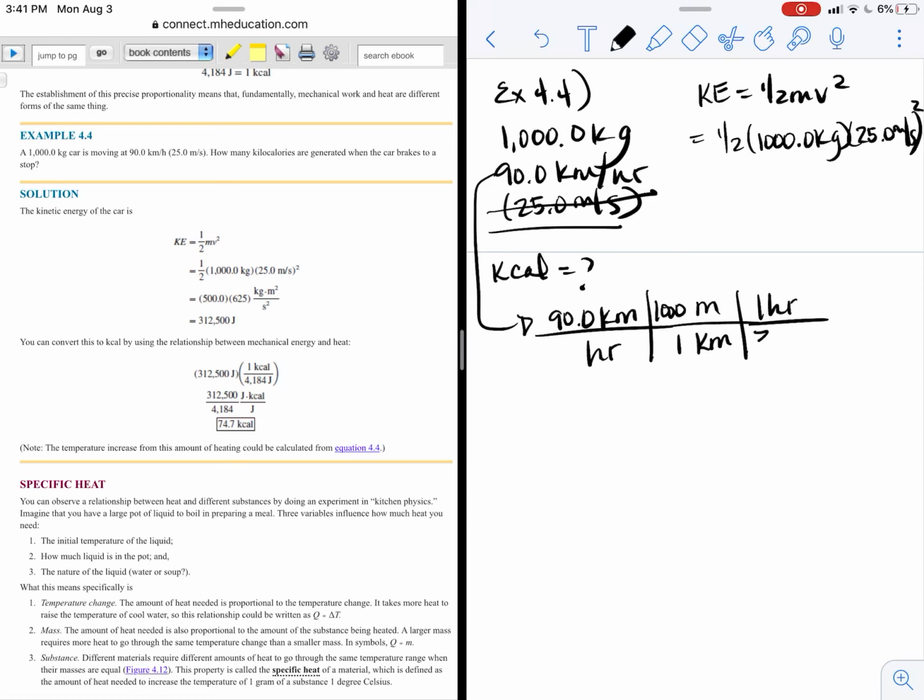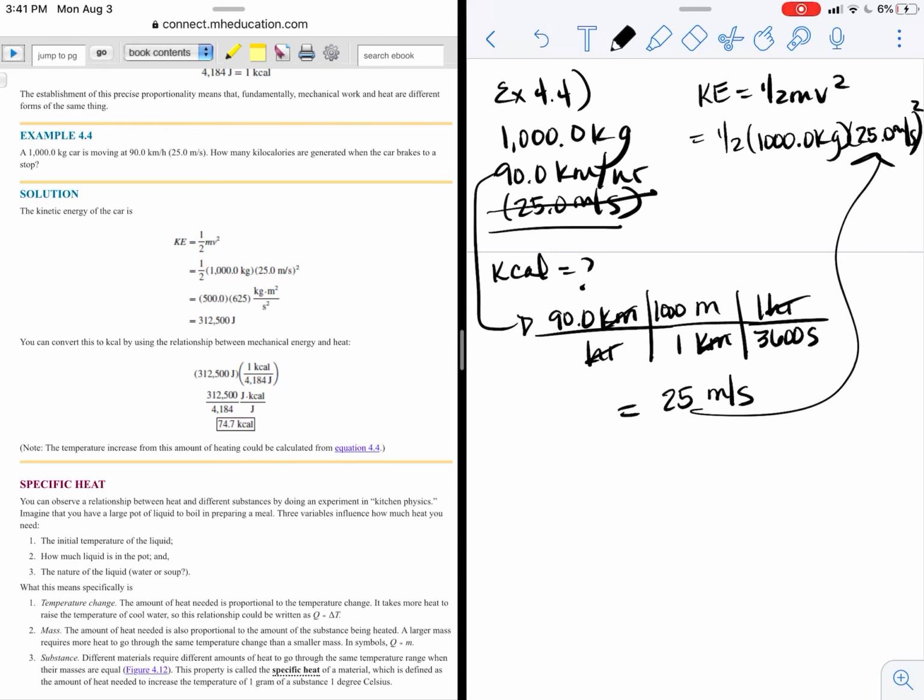And then for every 1 hour, there's 3,600 seconds, or you could have gone from hours to minutes and then minutes to seconds. And then if you do 90 times 1,000 divided by 3,600, you would get 25 meters per second.